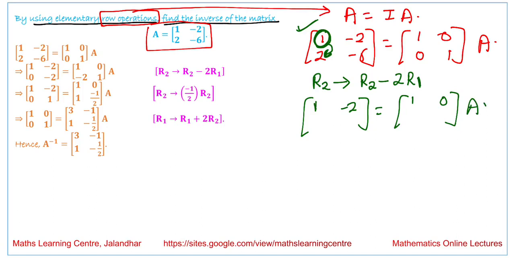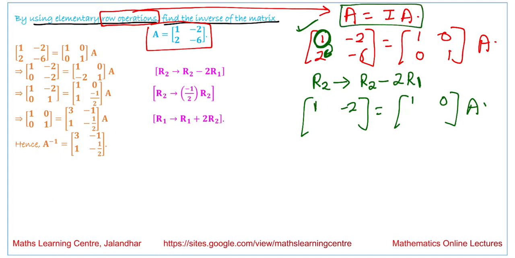Why this is happening will be more clear to you if we write the matrices corresponding to the elementary row operations, but at this moment we are not going into the detail of why we are writing it in the form A is equal to IA.